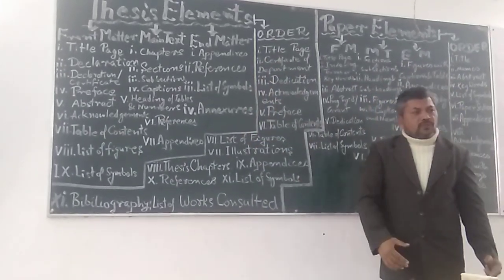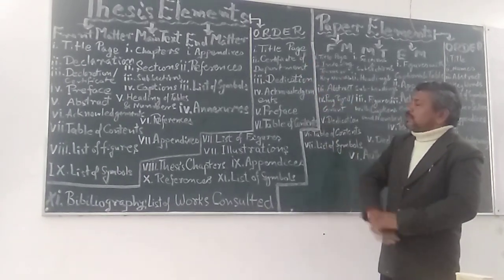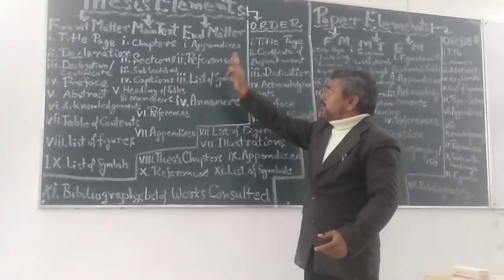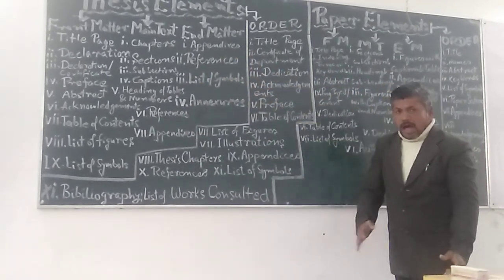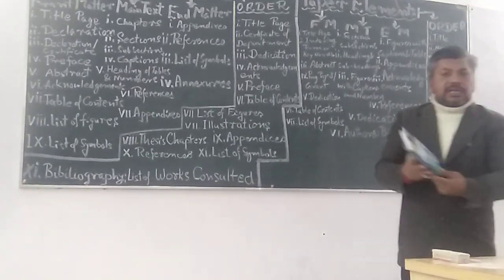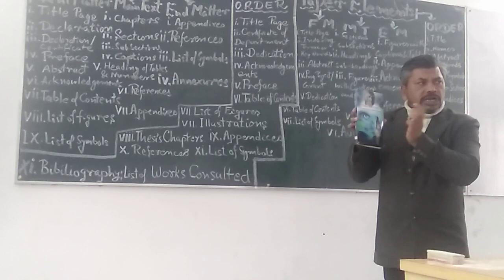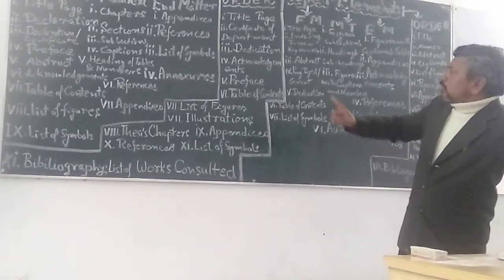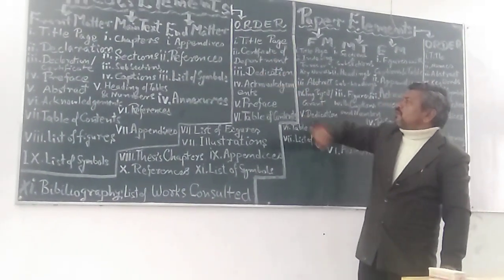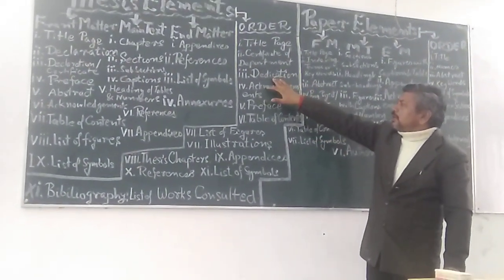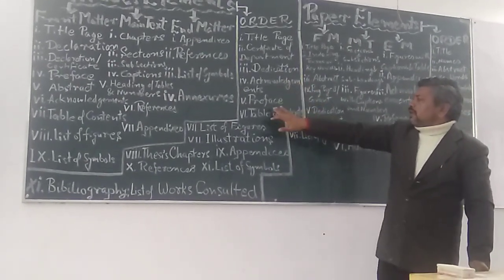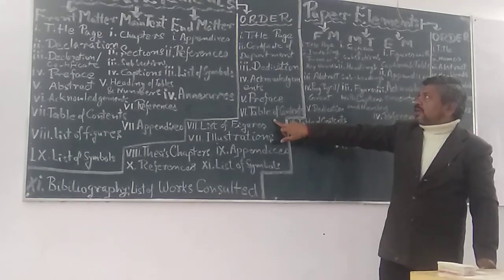But let us look at finally what the order of the thesis is. The whole work is done: front matter, main text, end matter. How should we organize it before producing it in bound form? The order should be: a title page, certificate from the department, then the university, then dedication page, then acknowledgement, then preface, then table of contents.